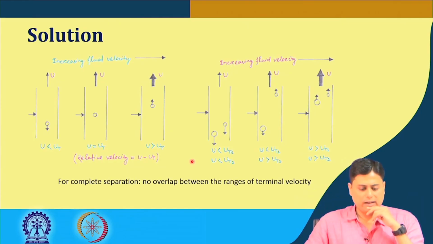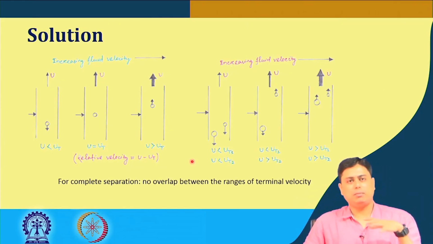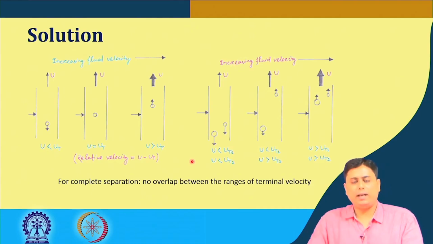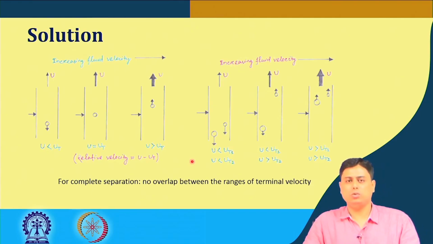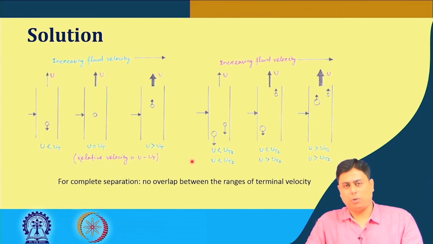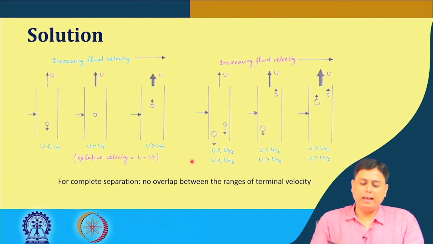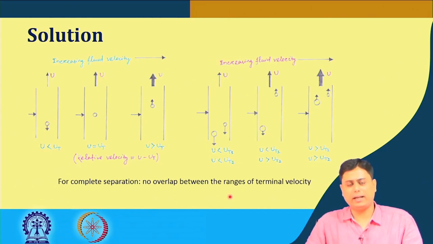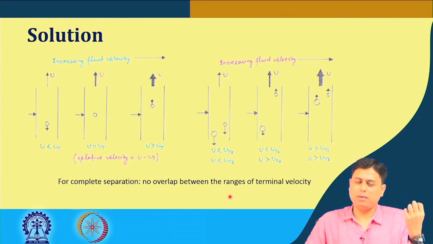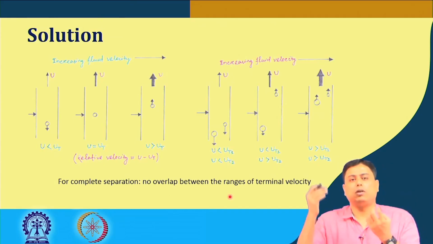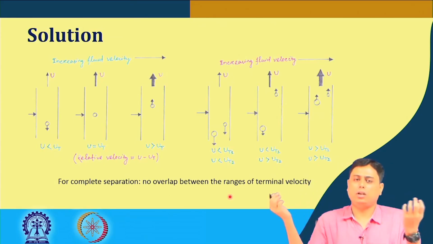So what I am trying to say is that for complete separation, it is desired that there should be no overlap between the ranges of terminal velocity. If we can attain that, then it is possible to separate by water, and that means we have to calculate these UT values for these extremes, or the four conditions at least: the heavier material A for 15 micron and for 40 micron, and material B for 15 micron and 40 micron.